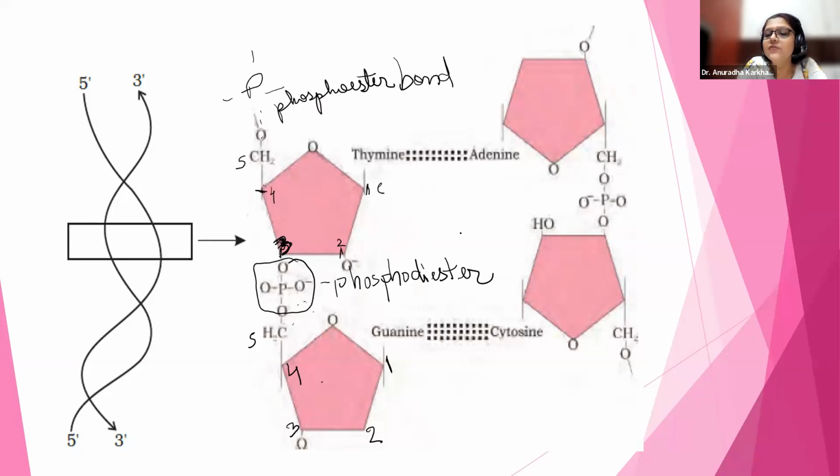Why is the upper phosphate not connected to the 3rd carbon? Because probably there is no complementary base pair in front of it to connect with. It will only come when there are complementary base pairs. So if there is adenine, thymine will come; if there is guanine, cytosine will come. Here you can see adenine and thymine.